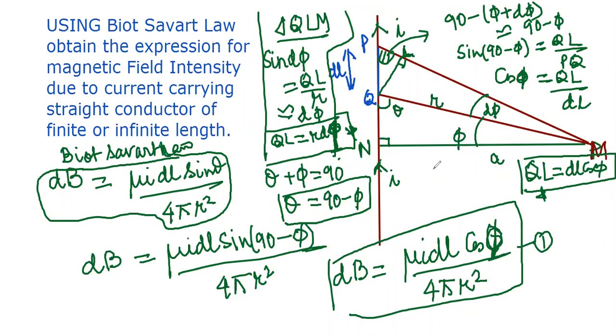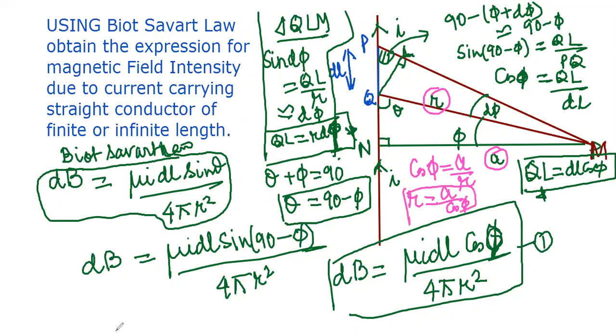Cos phi will be equal to base by hypotenuse, that is A upon R. So we can write R equals A upon cos phi.